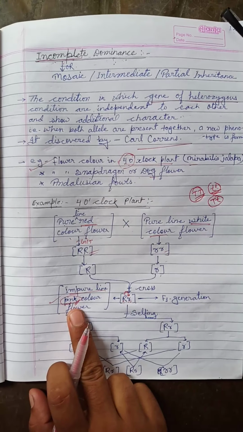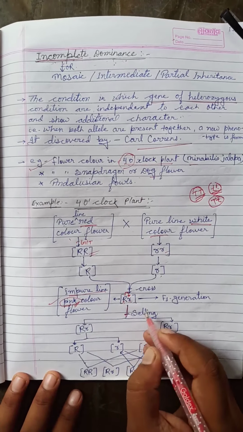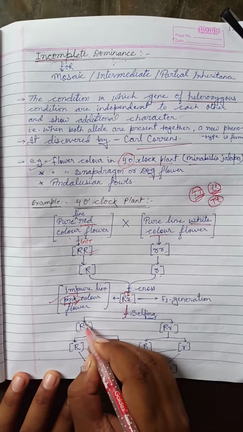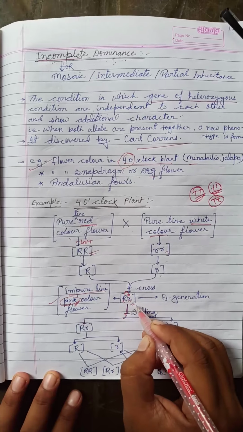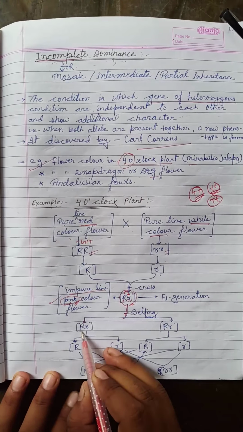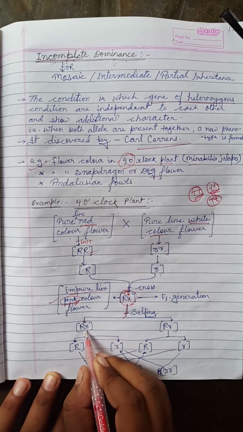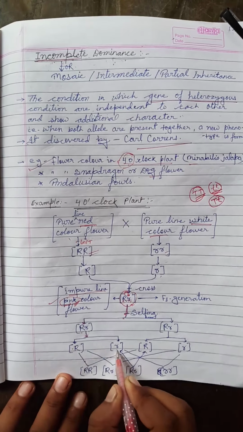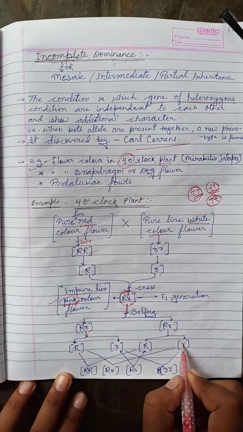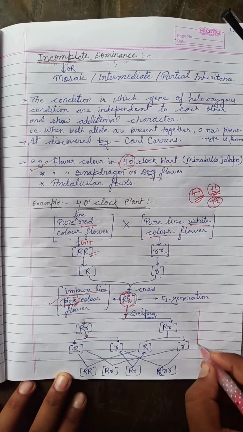Is it clear? And what will happen when selfing occurs? When selfing occurs between the same type of genotype, capital R small r with capital R small r, each produces two different types of gametes, and the crosses will happen in this format.